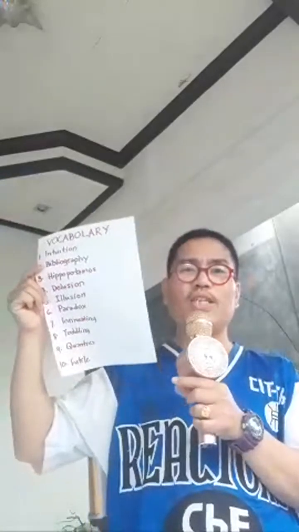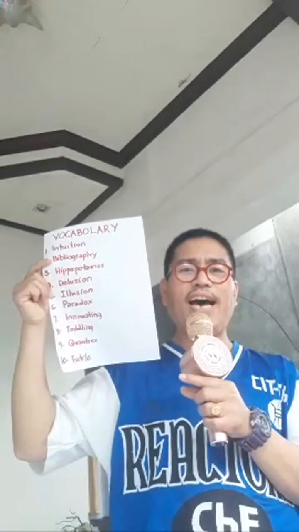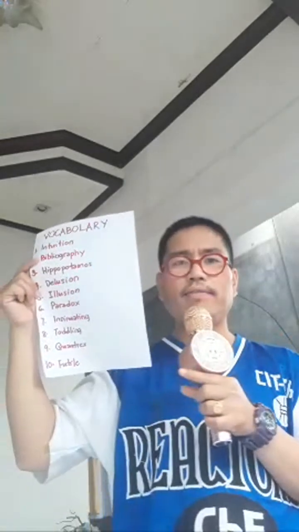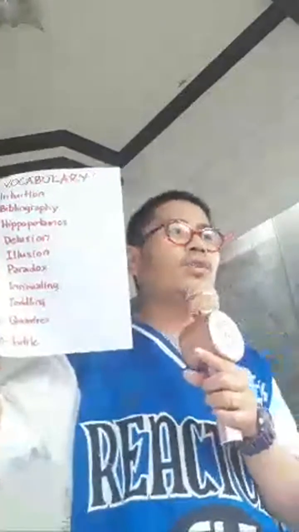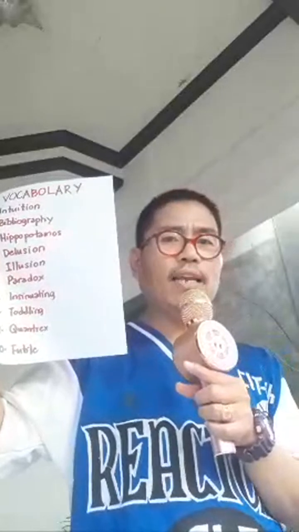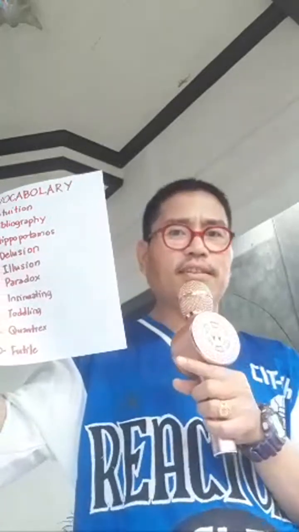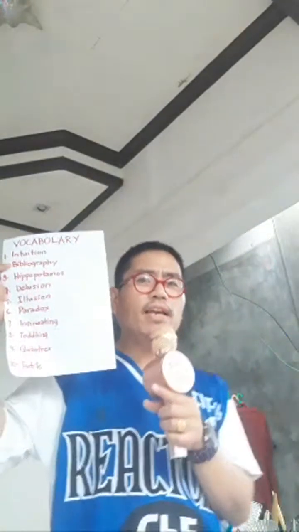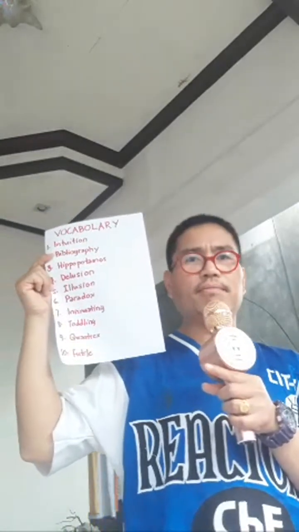So number 5, more closer to delusion, this is illusion. Illusion. Take a look with spelling also. When you study grammar and vocabulary, you have to pay attention with the spelling as well. Okay? Because it is a complete package for English language study. Okay. Illusion meaning to say always hearing and seeing things that are not really existing.